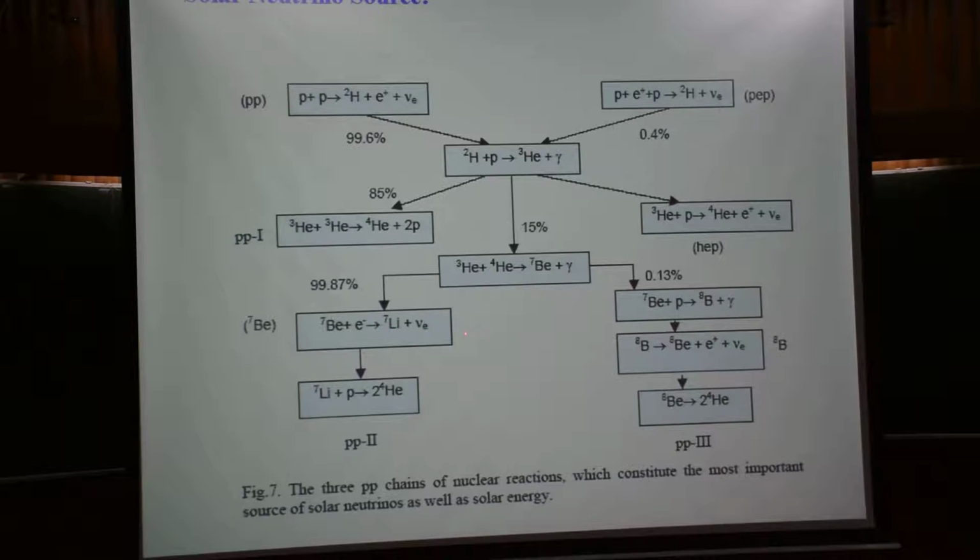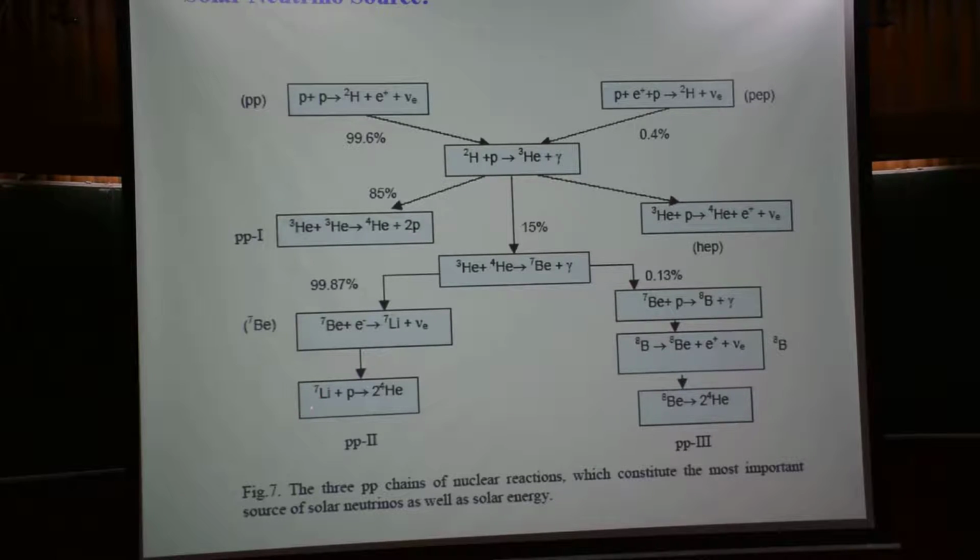This is again a 2-body final state, so this is a precise energy line spectrum. This was low energy but most copious. This we already see is 15%, that means an order of magnitude down, but this is an intermediate energy of around 0.8 MeV, and this is the line spectrum.